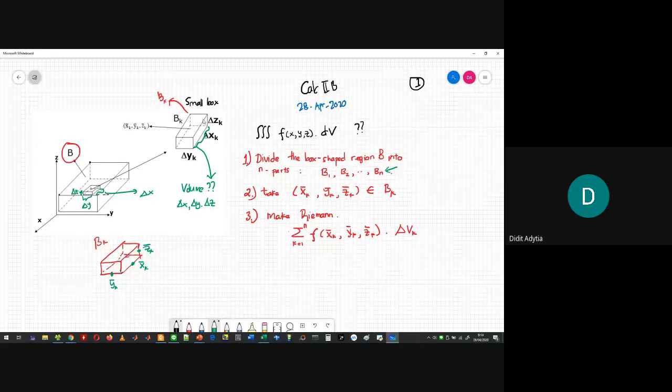Okay, just as this n, exactly the same. Okay, n parts. And then let's say this one we call delta. This is the longest, the same definition as in double integral.